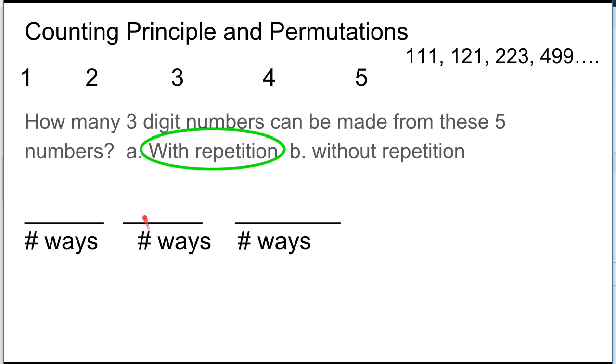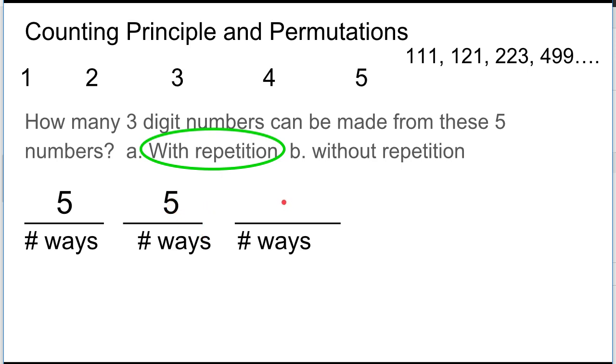Okay, hopefully you did that. If you've got 5 numbers and I need to fill in the first spot, I can put a 5 there, 5 different numbers. Now, how many ways can I fill in the second digit? Since I'm allowed to repeat all the numbers, I can put a 5 there also, because 5 different numbers can go there.